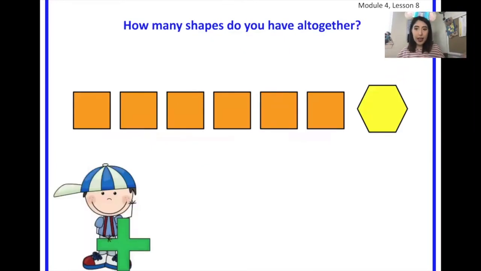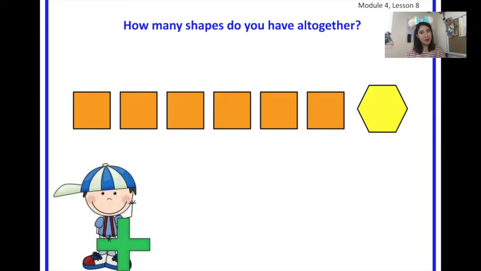Let's look, how many squares do we have? 6. Yes, we have 6 squares. What's that other shape called? Miss Elia forgot. Does anyone remember what that yellow shape is called? A hexagon.